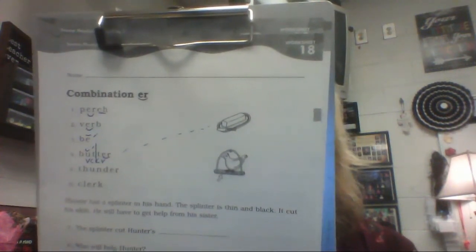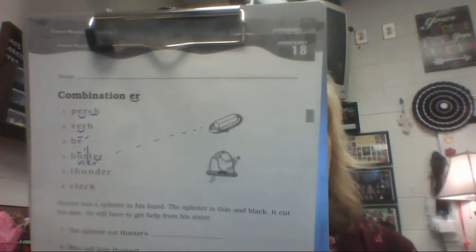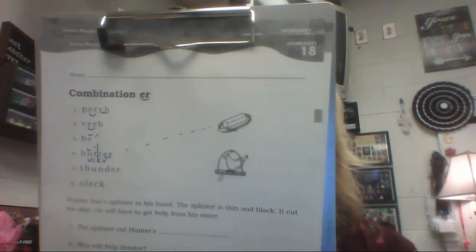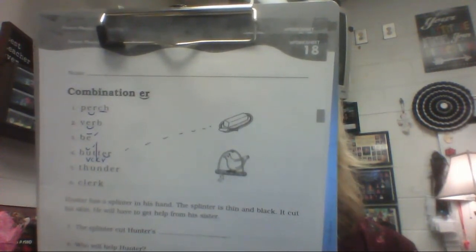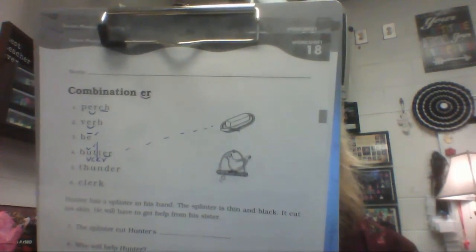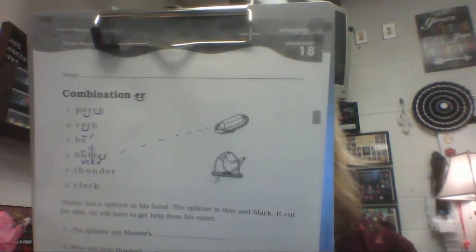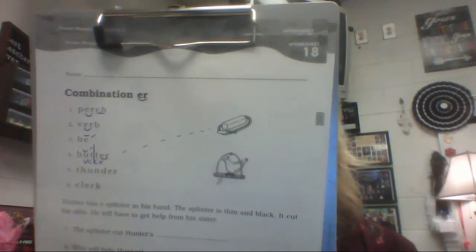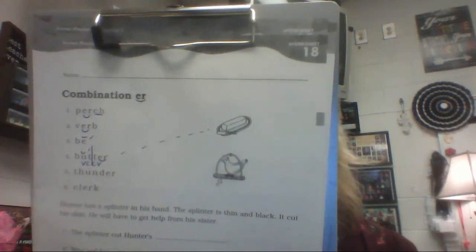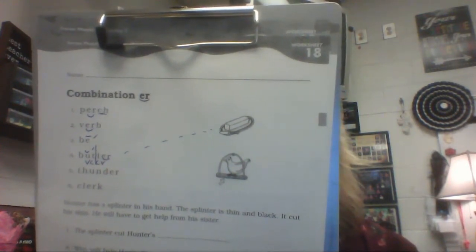All right, so I went on and coded number 1. We have an ER. So we put an arc under our combination ER, and we underline ch. Number 2. Verb. We have an ER combination again, so we put an arc. Number 3, bee. We have a single vowel there, so we're going to put a macron for a long E sound, and we're going to go ahead and accent the word.